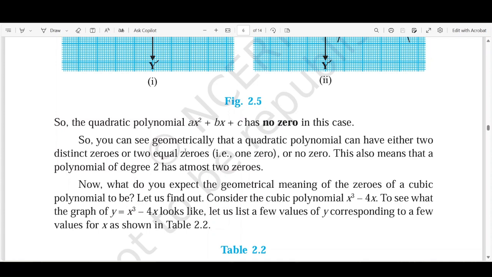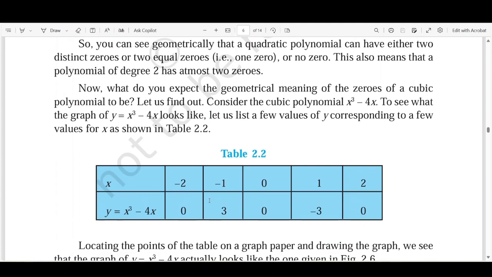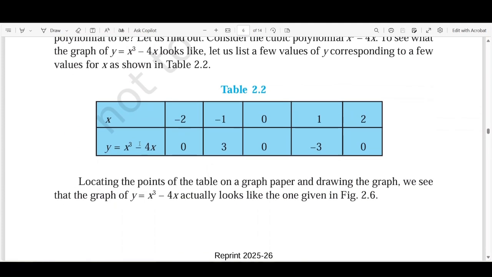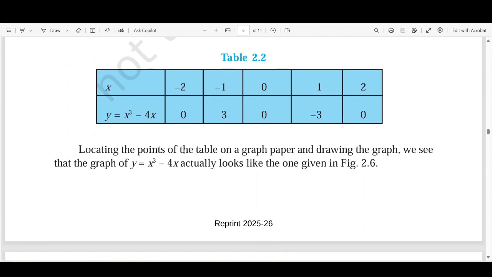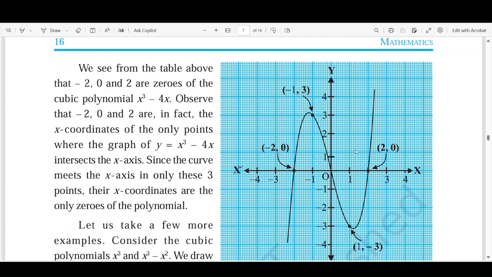Next we will consider a cubic polynomial, say x cube minus 4x, and they have given a tabular column where the x and y values were given. Randomly you can select the x values and the corresponding y values are determined, and when you plot the points you will be resulted with this graph.